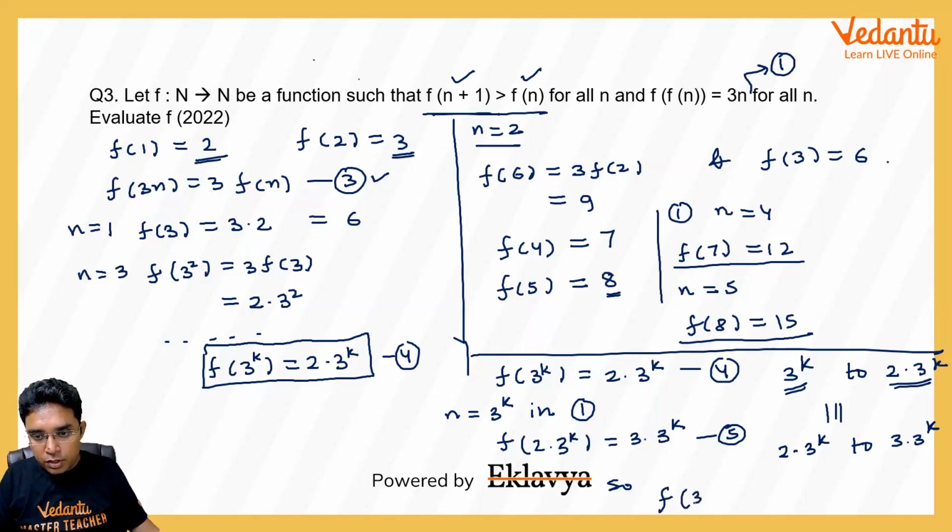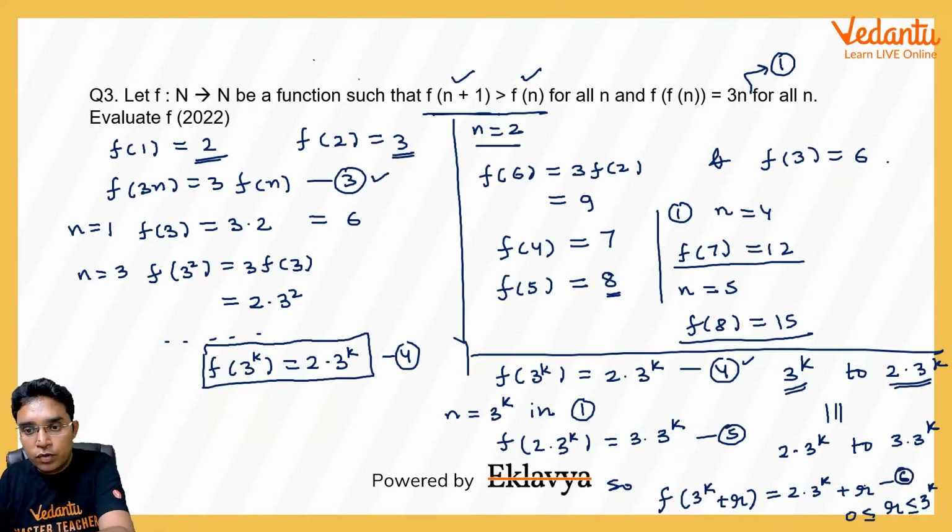So f of 3 power k plus r will be equal to 2 into 3 power k plus r, where r is greater than or equal to 0 and less than or equal to 3 power k. In fact you can check, for r equal to 0, it is matching equation number 4. And if I take r equal to 3 power k, then also I think it is matching. So let me call this equation number 6.